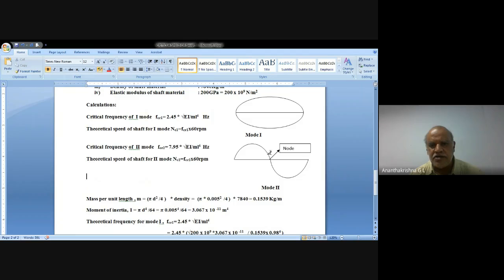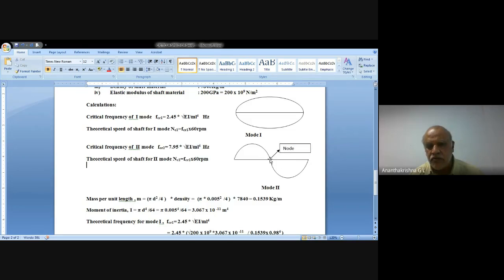At this juncture, what you are going to have is what is called a node. At the point of node, the amplitude of vibration is going to be 0. Such points where the amplitude of vibration of a shaft is 0, we call it a node.